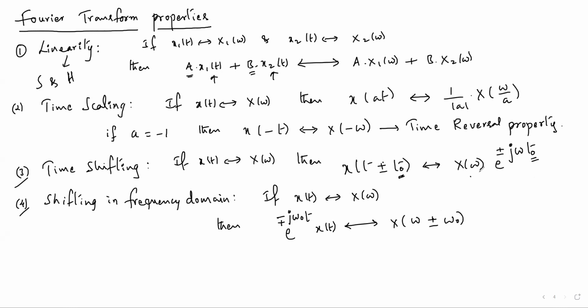One domain shifting means other domain signal multiplied with complex exponential. That is first common thing. Second thing, in time shifting, same signature, whereas in frequency shifting, this is opposite signature. These 2 points should be remembered.